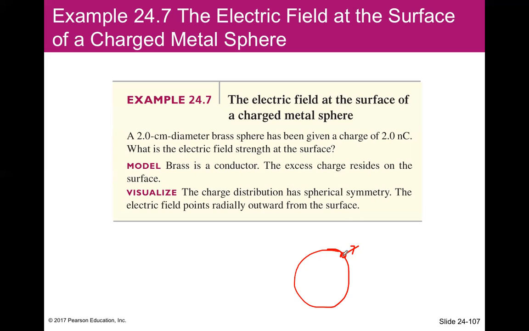You can simply make a Gaussian surface, which is exactly the surface of the sphere. It has a perfect symmetry. And then you know the net charge in your surface is 2 nanocoulomb. And then you can use Gauss law.